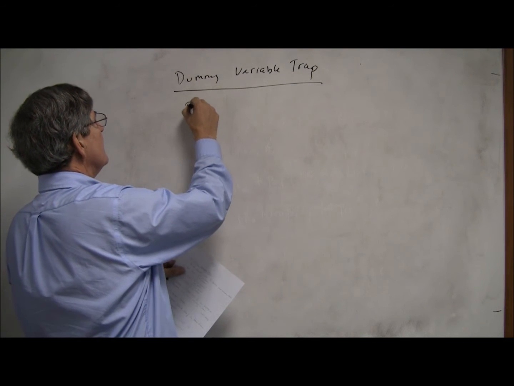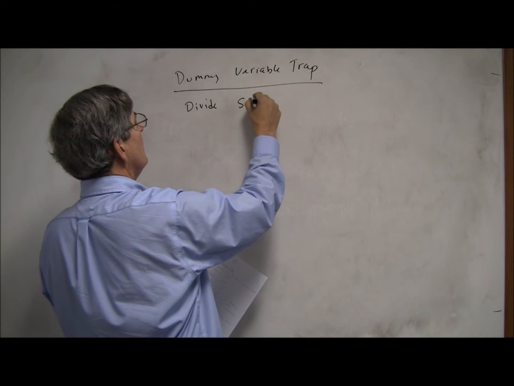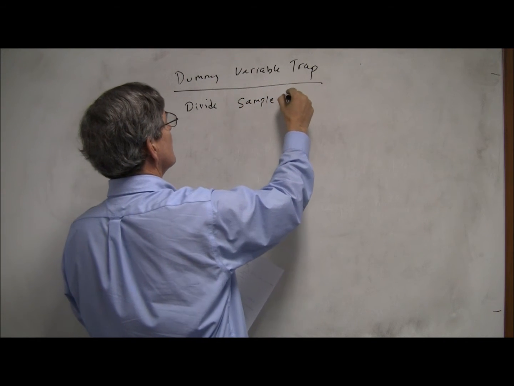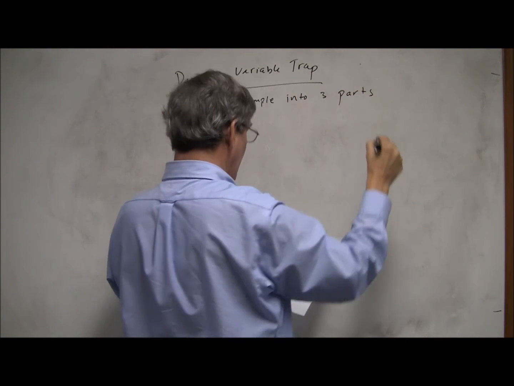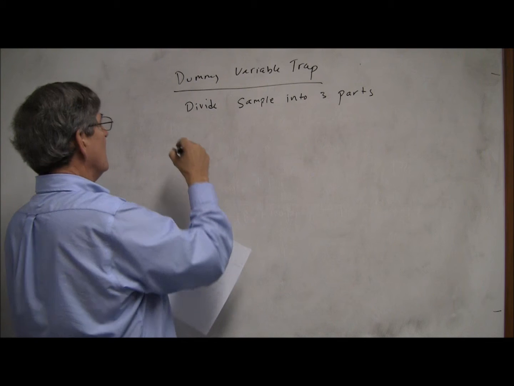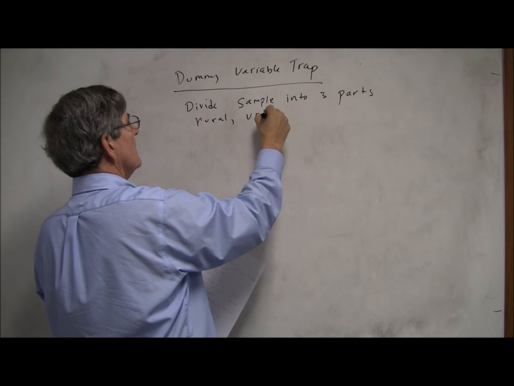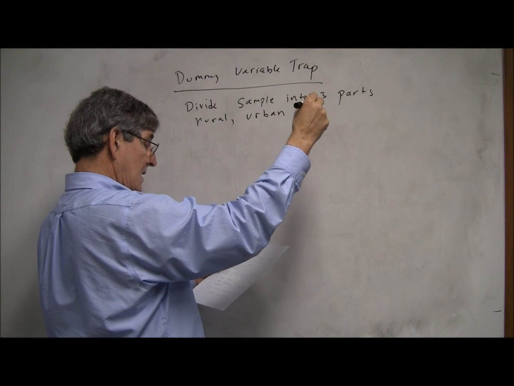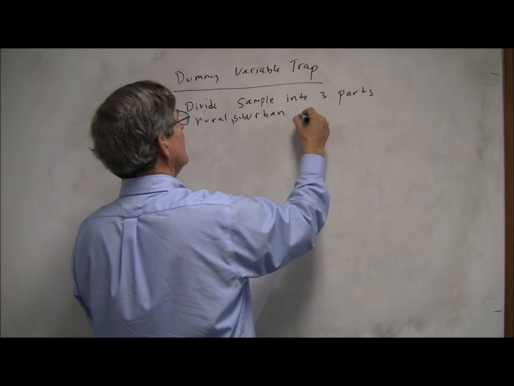So let's divide our school sample into 3 parts. Let's suppose we have information on their location. We want rural, suburban, and urban.